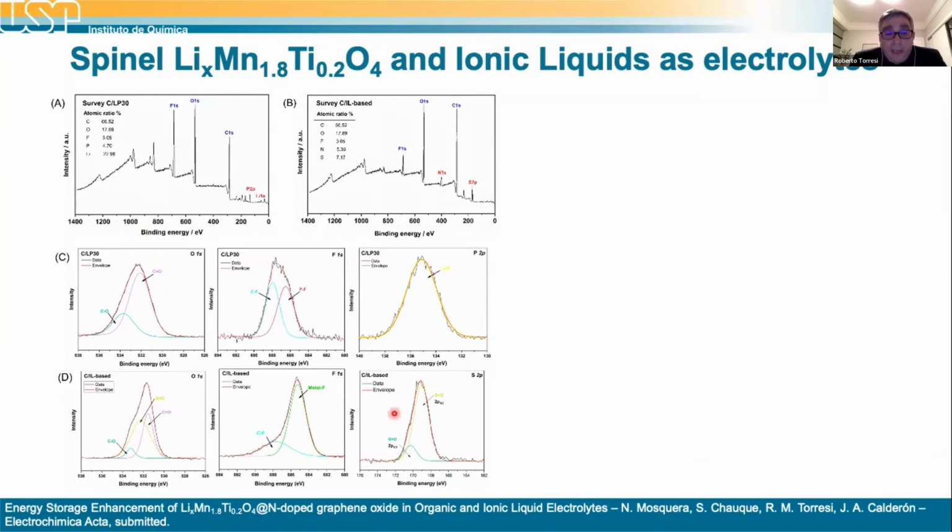So in both cases, like in organic solvent, in ionic liquid also you have the formation of the layer. But in the case of the ionic liquid, it seems that the layer is a little bit thinner, because the ionic liquid is more stable from the electrochemical point of view, at so high potential, like is the case of this kind of spinel.